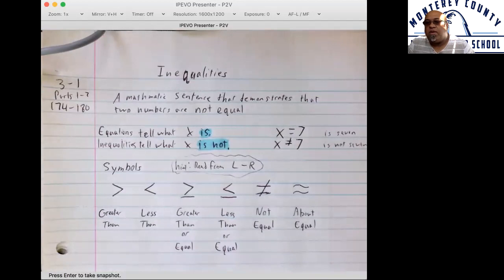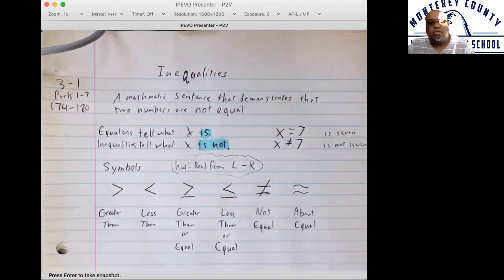But an inequality is not so much like a ratio, but it's when you actually have different values that may be put into a formula that show that two different numbers or different sets of numbers are not equal. Okay. Now, the thing with inequalities is most of what you know how to do with inequalities, you have learned by doing equations.